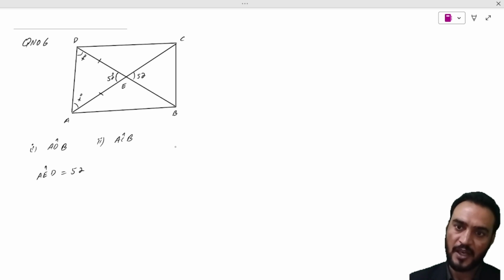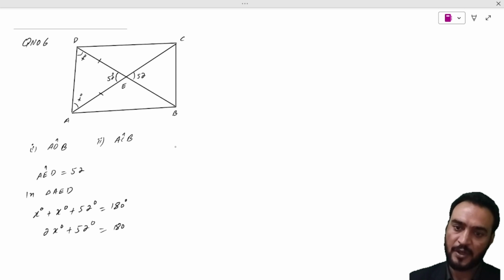Now we have the triangle AED. In triangle AED, the sum of the three interior angles, that is x degree plus x degree plus 52 degree, equals 180 degree because the sum of interior angles of a triangle is 180 degree. So 2x degree plus 52 degree equals 180 degree.